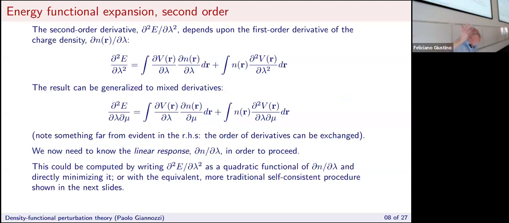You minimize this functional because it has to be a minimum, and you find the value of the derivative of the charge density, the linear response. You find it this way.